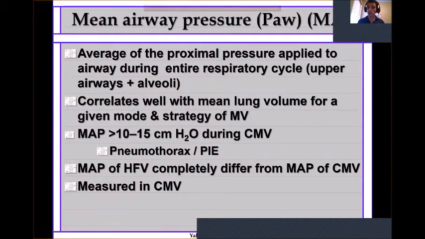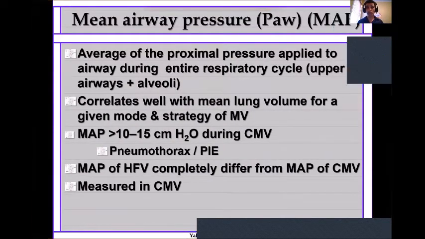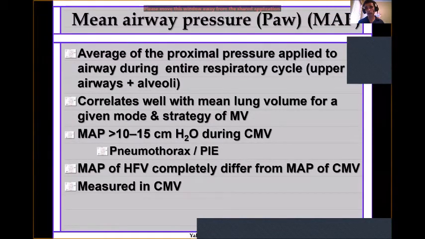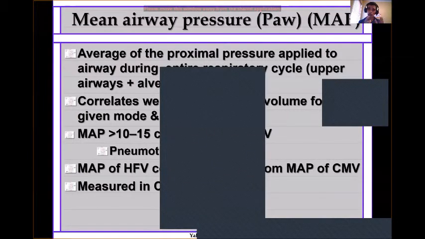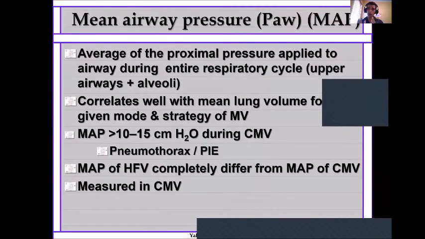The other parameter or terminology is what we call mean airway pressure, or pressure in the airways. The term mean airway pressure is not preferred because it looks like mean arterial pressure too. So people use PAW to indicate the mean airway pressure, which is the average pressure applied during the whole respiratory cycle, during the expiration PEEP, inspiration PIP, and the rate.